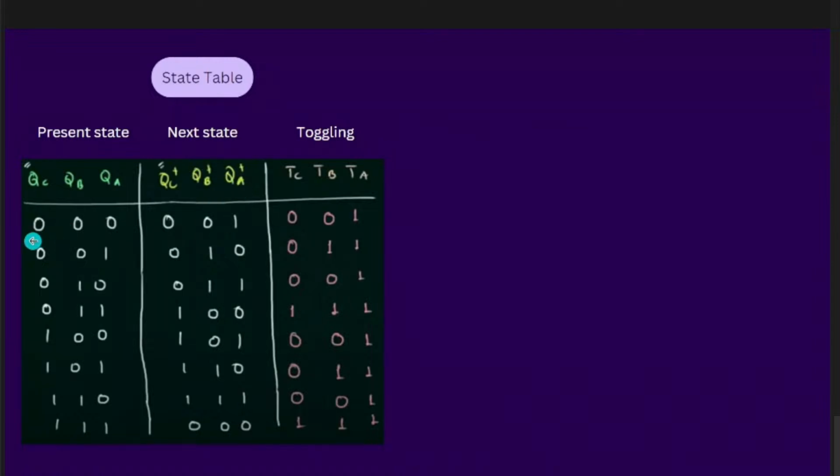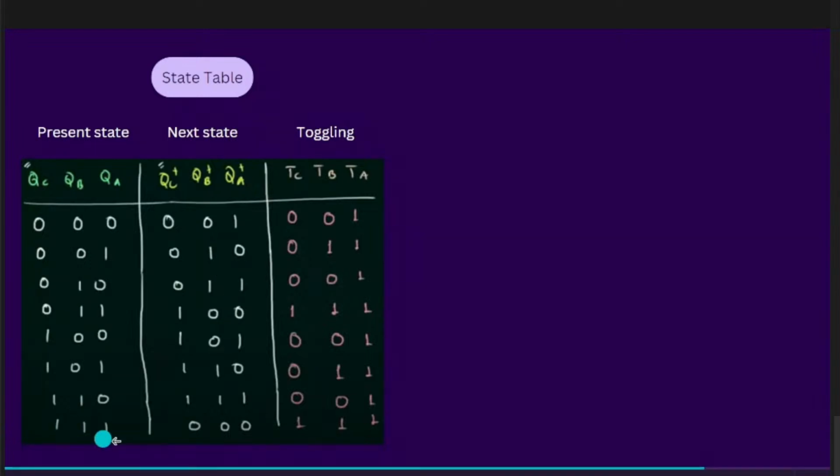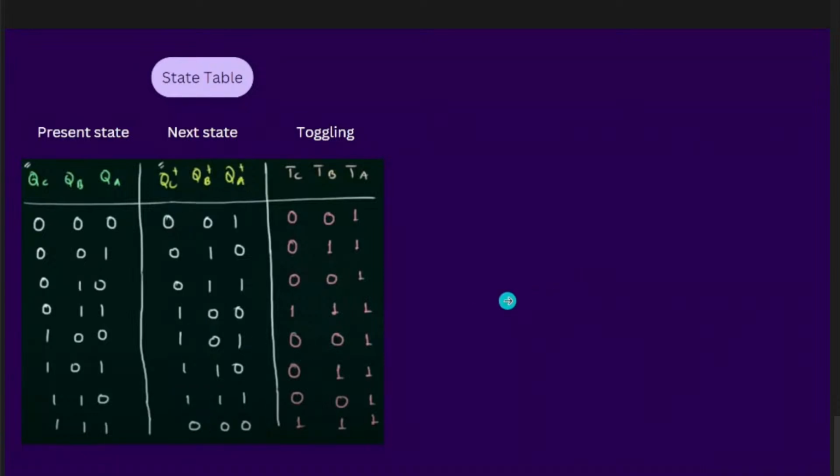Initially we'll be at 0, so we have to move from 0 to 1. The present state is 0 and the next state will be 0, 0, 1, that is 1. Similarly 1 to 2, 2 to 3 and so on till 7, and 7 to 0. We can go only till 7 because it's a 3-bit counter, right?